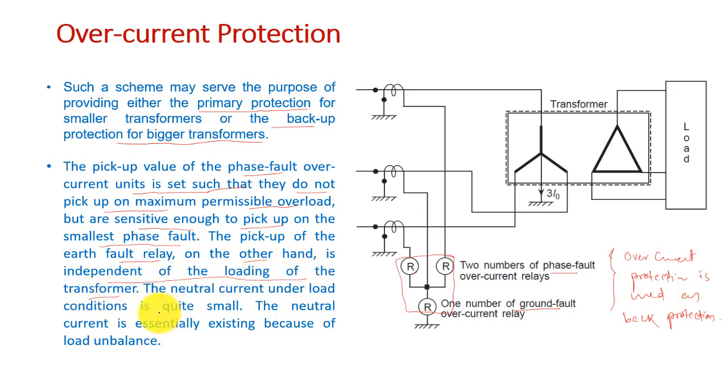Even if the load sometimes becomes unbalanced, under that condition your earth fault relay should not operate. The neutral current under the load condition is quite small; it exists essentially because of the load unbalance. So it should not trip under that load unbalance condition. It should only detect the earth faults or ground faults.